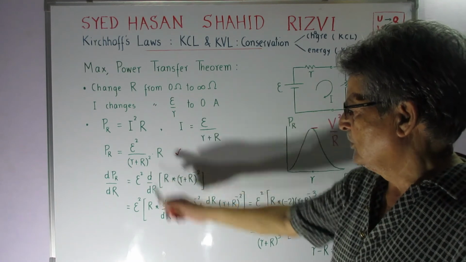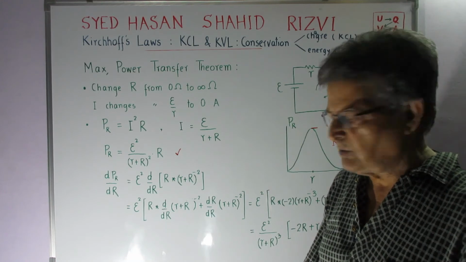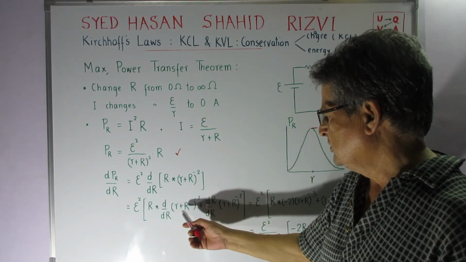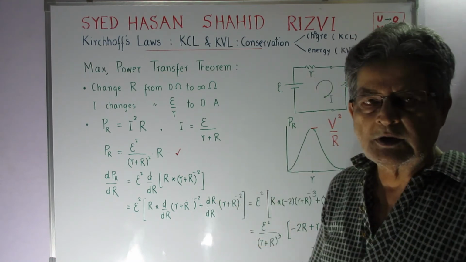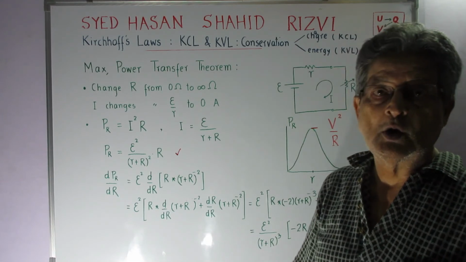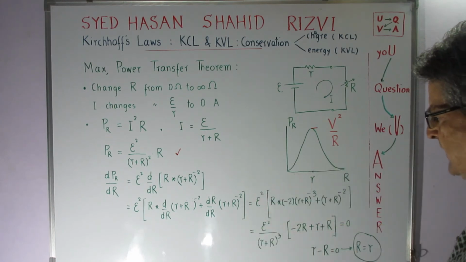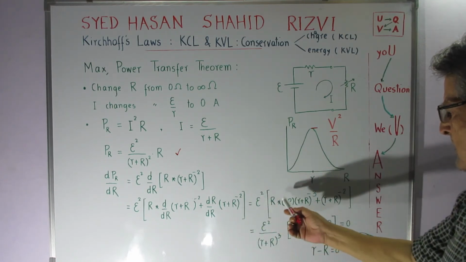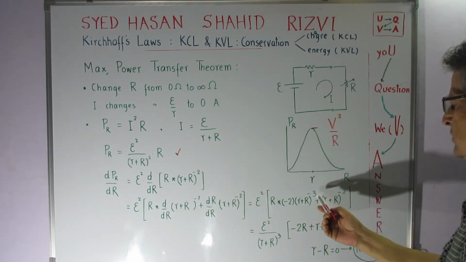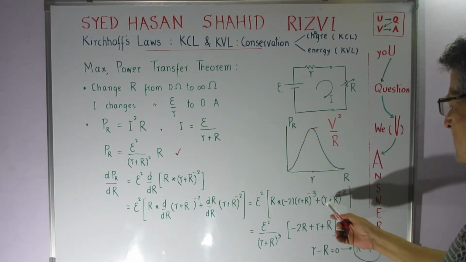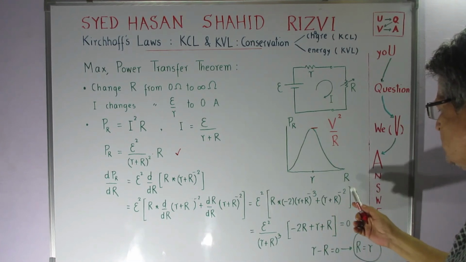Okay, now for two functions we have the formula that the first function into the differential of the second function plus the differential of the first function into the second, I have emphasized it to you, particularly in the case of vectors. So I have E squared as common, I'll write R, and this will turn out to be minus 2 R (R plus r) raised to the power of minus 3 plus, of course, 1 into dR upon dR is equal to 1 into (R plus r) raised to the power of minus 2.